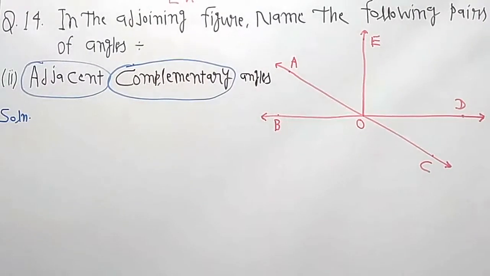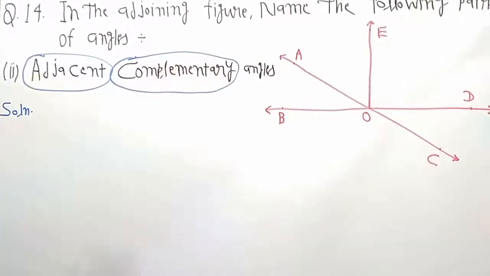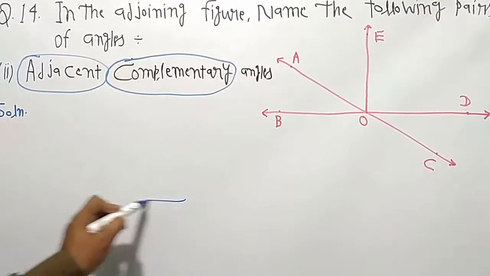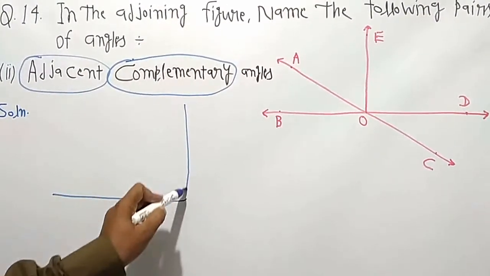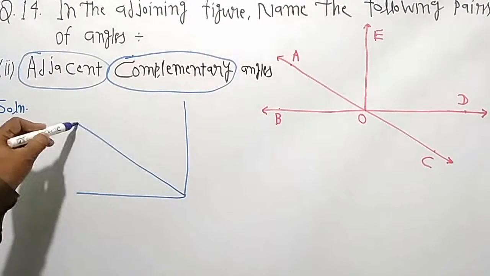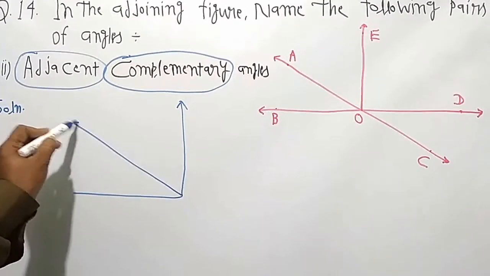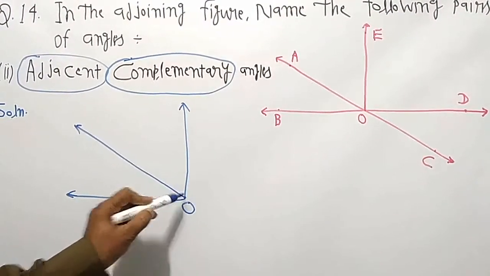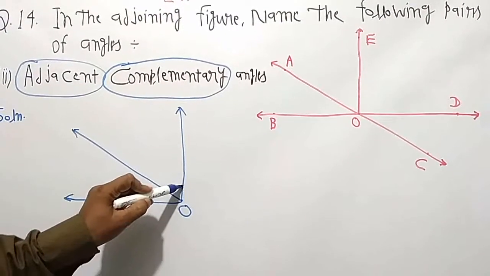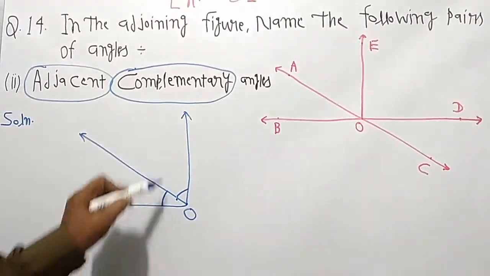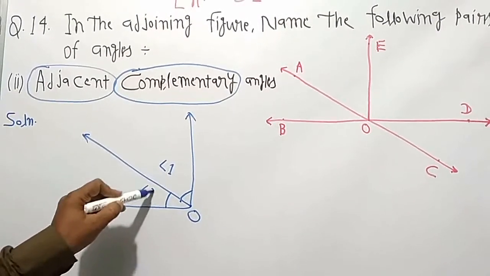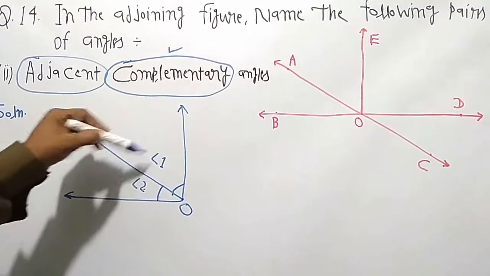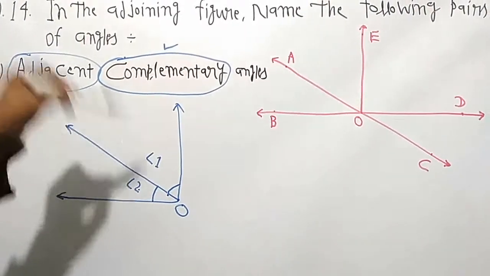So we draw the first part here. The drawing is like this. This is the first angle and this one is the second angle, angle 1 and angle 2. And for the concept of complementary angles, the sum of the measurements of these two angles is 90 degrees.